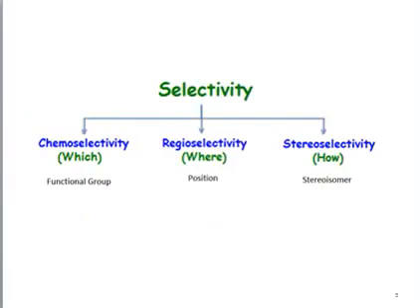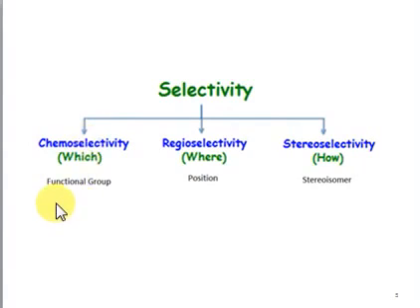Selectivity is broadly divided into three categories: chemoselectivity, regioselectivity, and stereoselectivity. Chemoselectivity is actually focused on the functional group, right? So whenever you see the term chemoselectivity, it should come to mind that you are talking about the functional group. What do we mean by chemoselectivity?